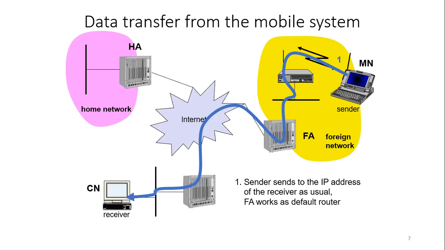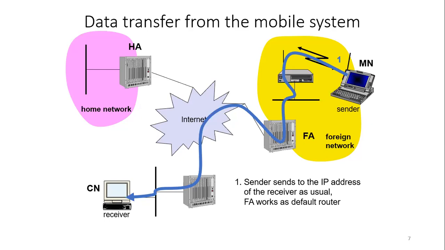You are getting disconnected from this FA, and then a new connection is established with the new FA. During this transfer procedure, the corresponding node doesn't know that you have a temporary disruption of connection. It will keep sending the packets. Now, to avoid any packet losses, the FA keeps storing or buffering these packets.